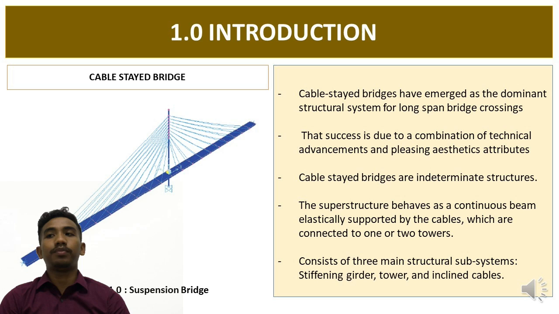The superstructure behaves as a continuous beam elastically supported by the cables, which are connected to the tower. They consist of 3 main structural subsystems: a stiffening girder, tower, and inclined cables. As you can see, the layout of the cable bridge is shown in Figure 1.0.